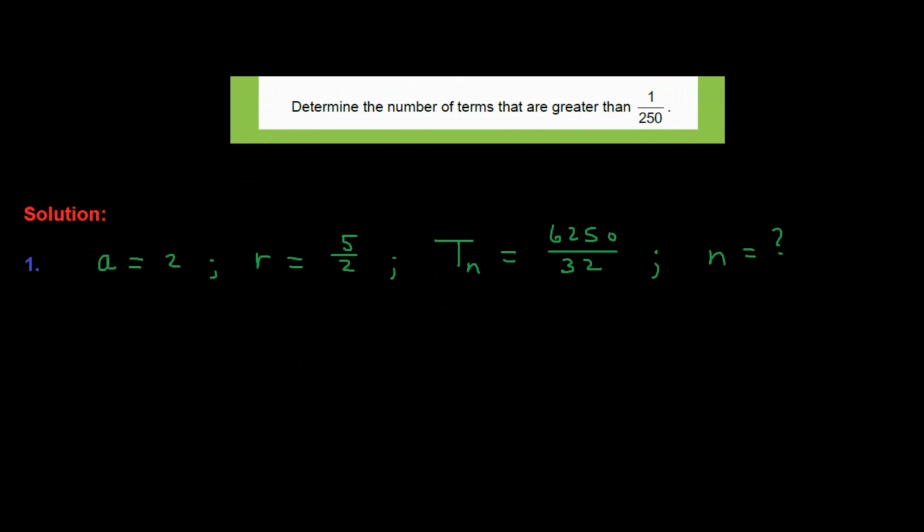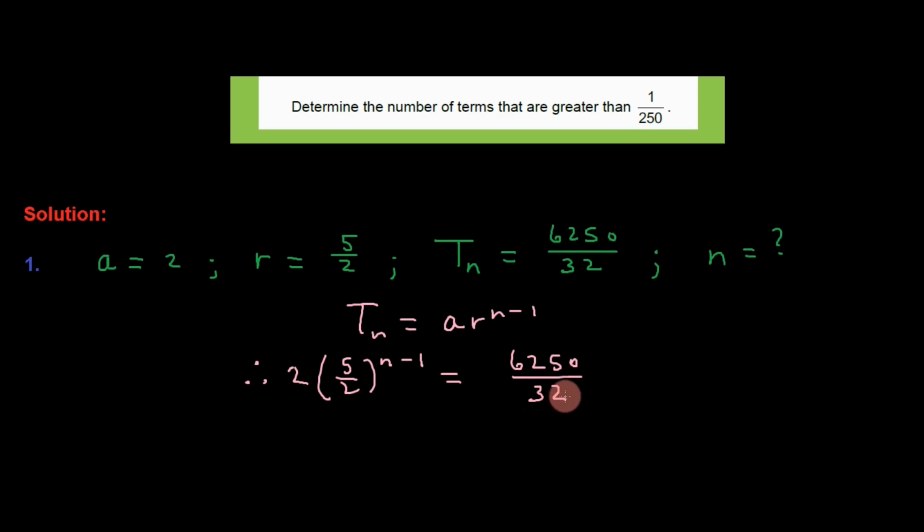So using the formula T sub n again, we can plug in A is 2, R is 5 over 2, and it's to the n minus 1, and that's equal to T sub n, which is 6250 over 32.